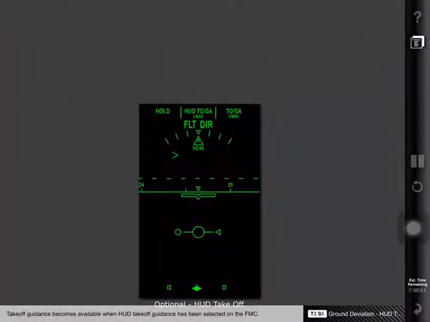Takeoff guidance becomes available when HUD takeoff guidance has been selected on the FMC. During a HUD takeoff, ground deviation indications include ground roll reference symbol, flight director guidance cue, and ILS localizer deviation pointer.